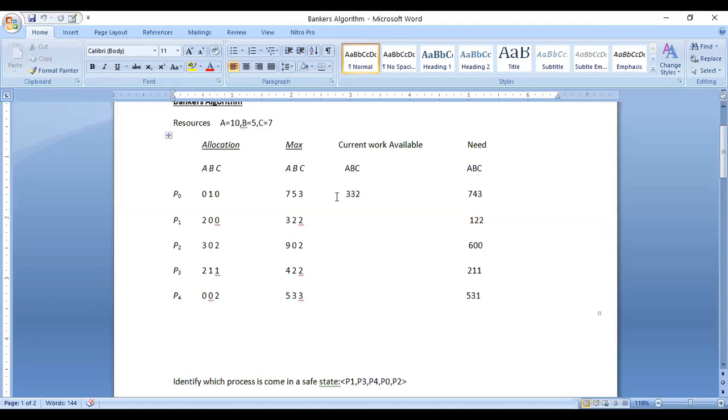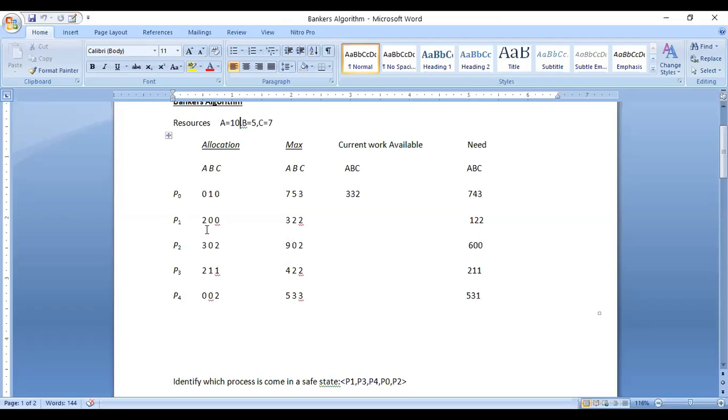So how to find out the available resources? Here there are 5 processes, P0, P1, P2, P3, P4, and 3 resources A, B, C. A consists of 10 instances of a resource, B is equal to 5 instances, and C is equal to 7 instances of a resource type C. So here, see resource A. How many instances will be allocated to all the processes P0 to P4?